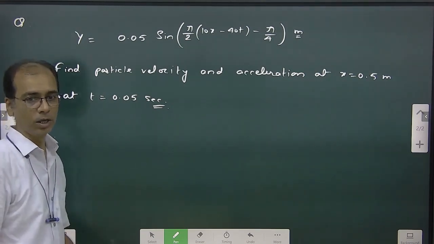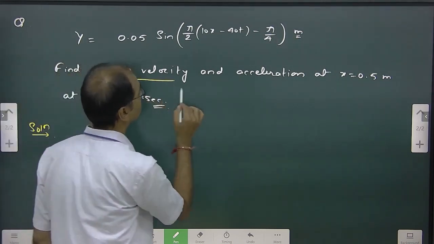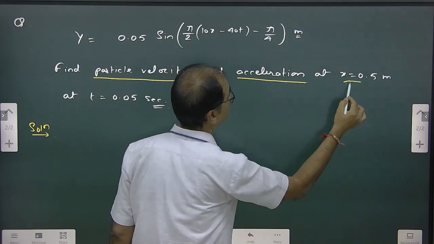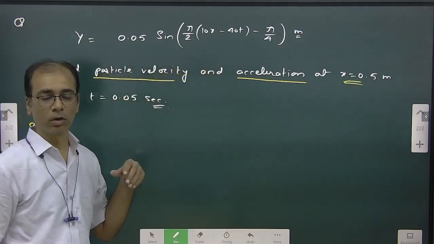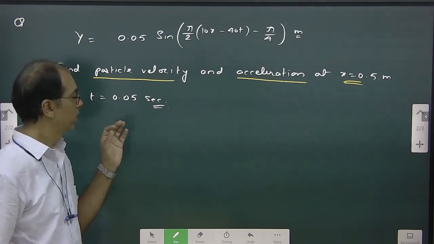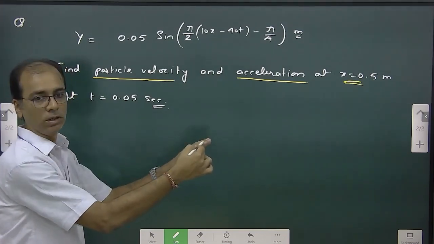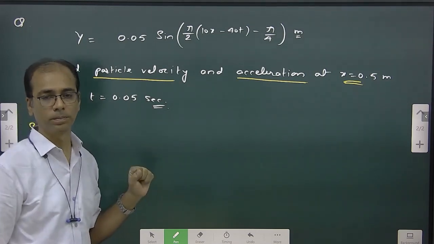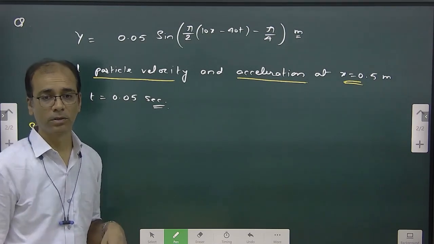Maximum acceleration is omega square a. He is asking particle velocity and acceleration at this position. If we are talking about a rod, and I am starting from here, then at this distance, what is the velocity of the point or particle? And what is its acceleration? What to do?